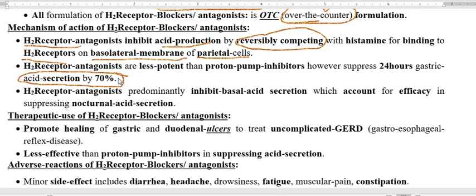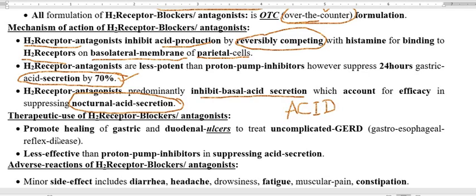They inhibit about 70% of acid production, particularly the acid produced at night. So you can say they inhibit nocturnal acid secretion, and also the basal acid production. That means acid is going to be checked. So this is called an anti-acid drug.